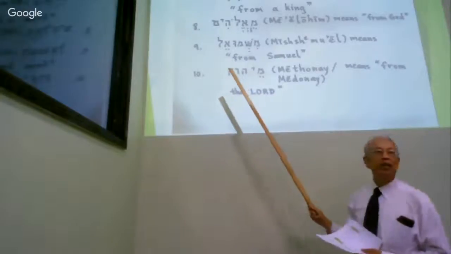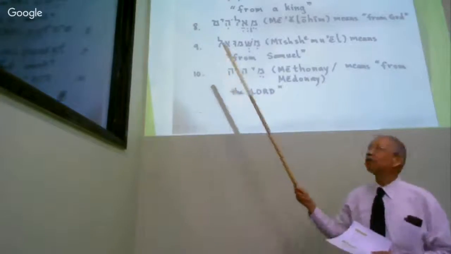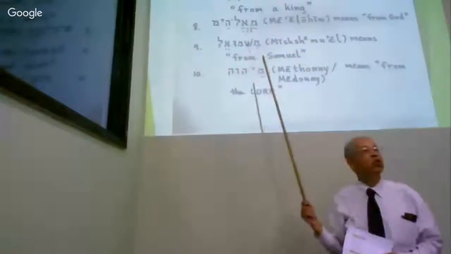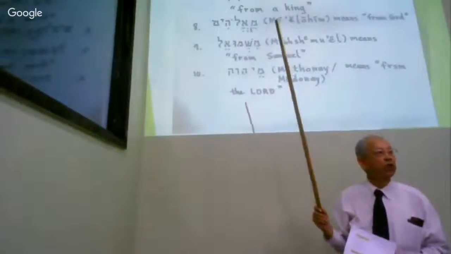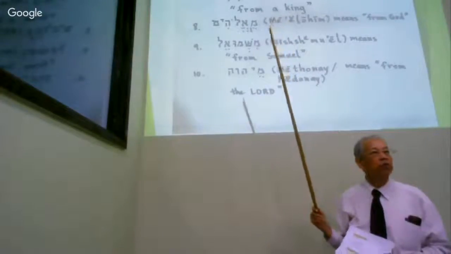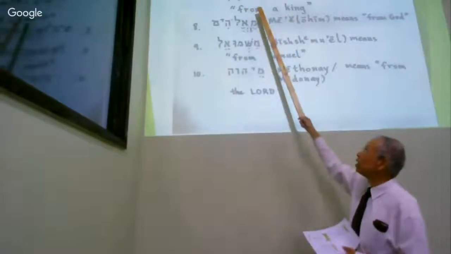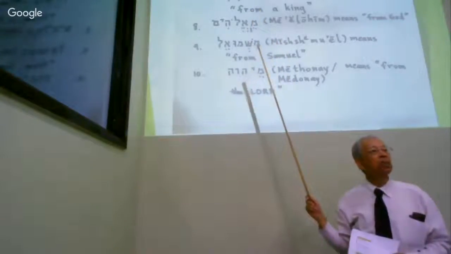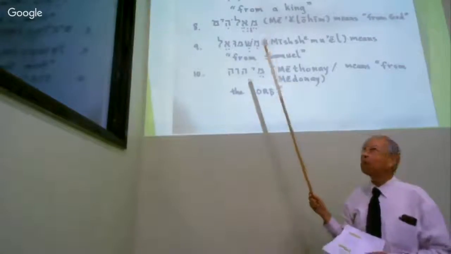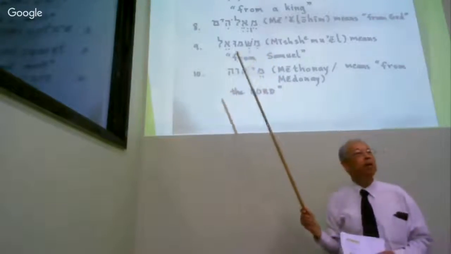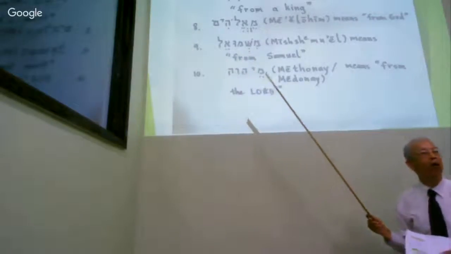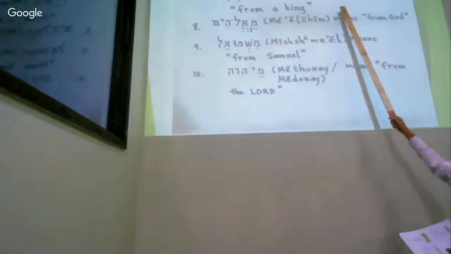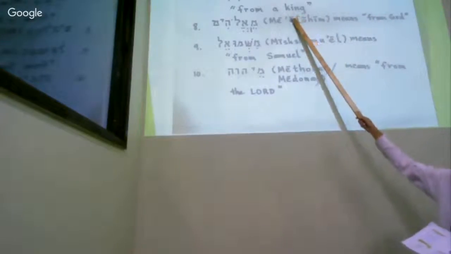And to compensate for the dropping out of nun, the following letter, mem, is doubled with a dagesh forte, compensative, compensating for the loss of nun. So you have mim melech, the M is doubled. Mim melech means from a king.